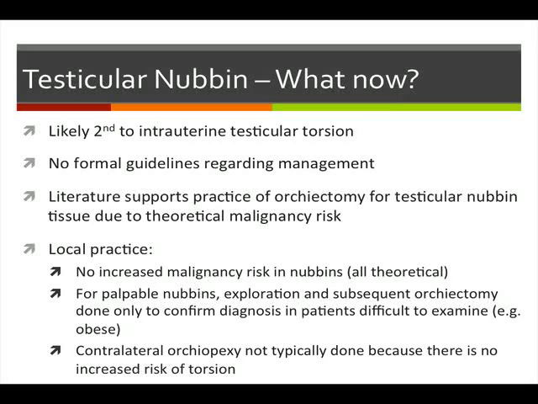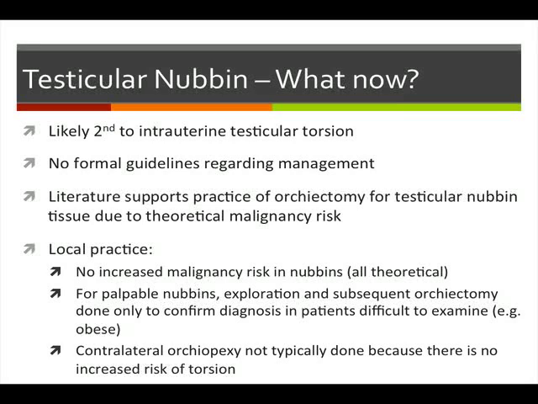Now, there are really no formal guidelines regarding the management of these testicular nubbins. The literature overall seems to support a practice of orchiectomy, due to some theoretical malignancy risk.